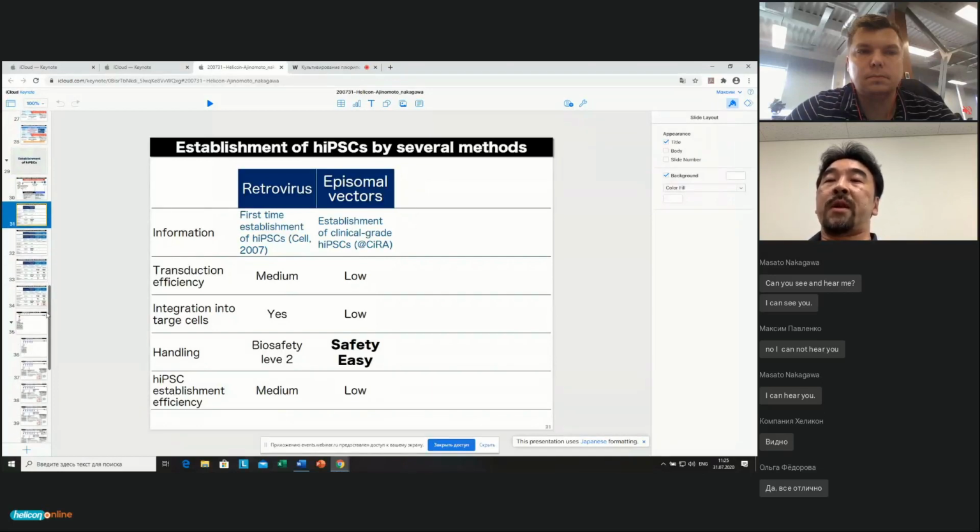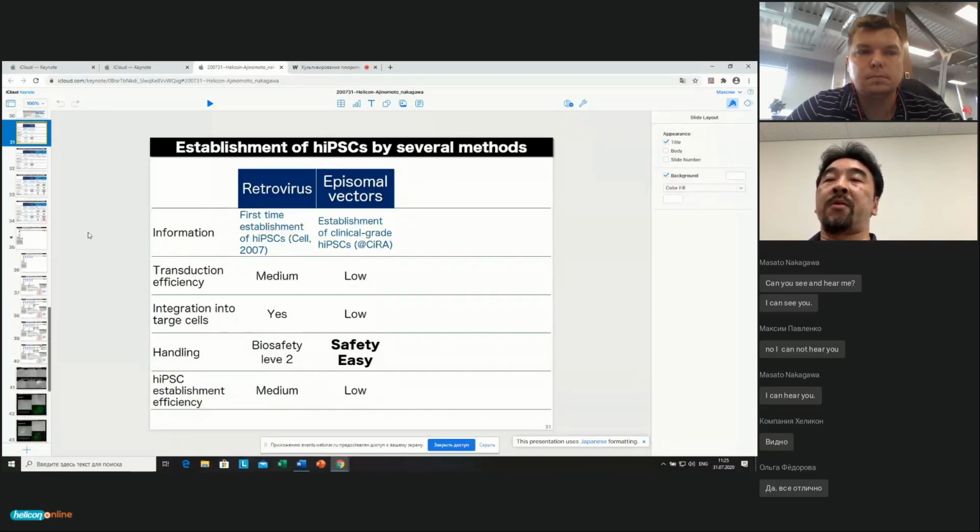Using these episomal vectors, we generate iPS cells, and this system is now used for the establishment of clinical grade human iPS cells in our institute. But using this method, the transduction efficiency is very low, so we need to increase the efficiency. Next slide, please.